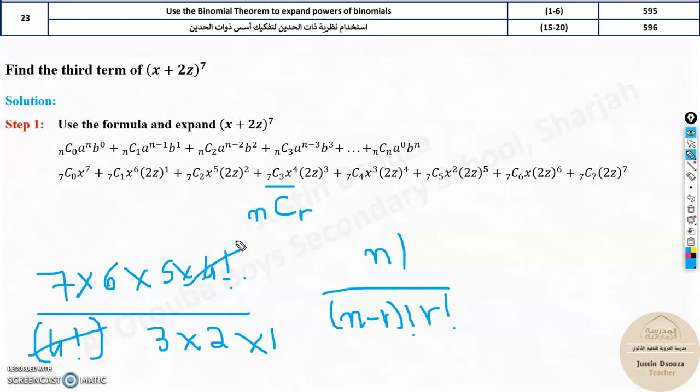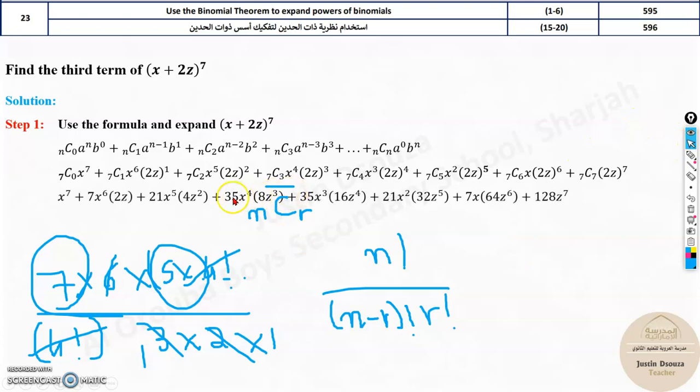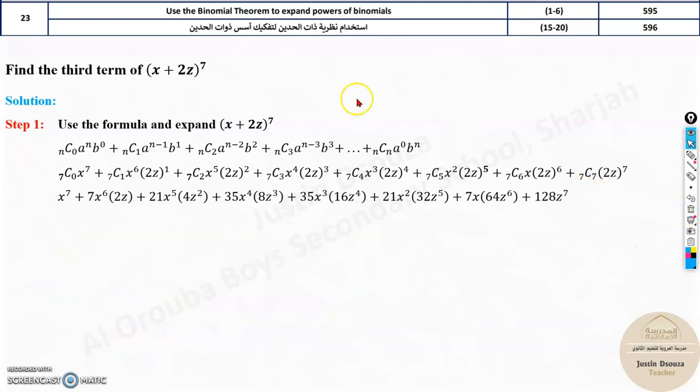Now what else is remaining? 3 times 2 is 6 basically. You cancel both and this is gone. You're remaining with 7 and 5. The answer will be 35 over here. So you can see this term, x to the power 4, will have 35. This is the substitution of the formula n factorial by (n minus r) factorial, but you can directly get it in the calculator as well, as shown before.